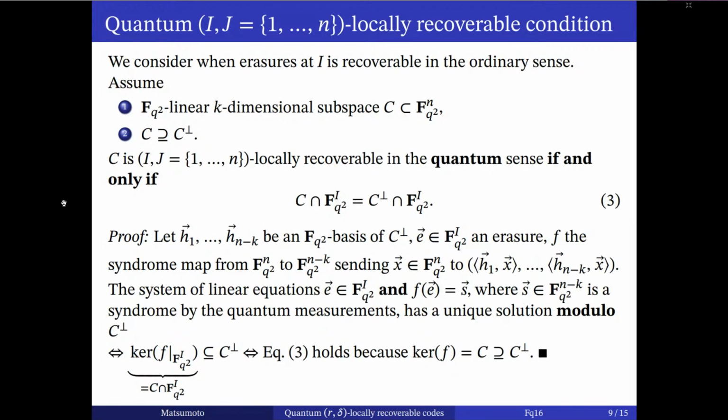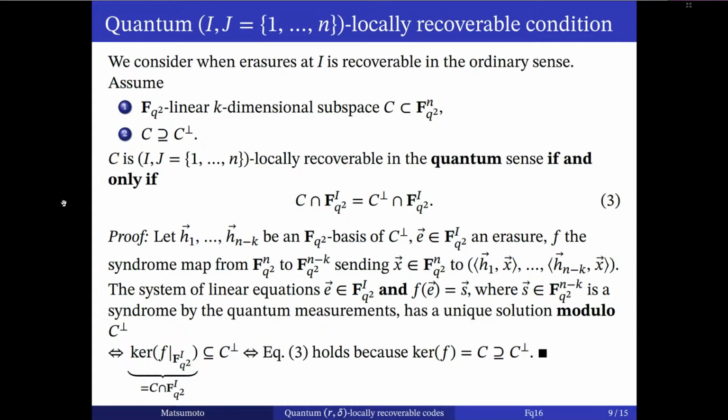And here, let us derive the erasure correction condition in the quantum setting. Okay? Here, C again defines some quantum code. And J consists of all indices. So we are just considering standard erasure correction in the quantum setting. Then the erasure in I is correctable if and only if this condition holds.